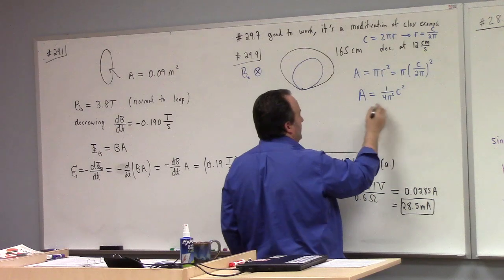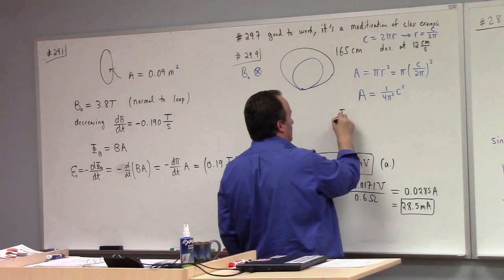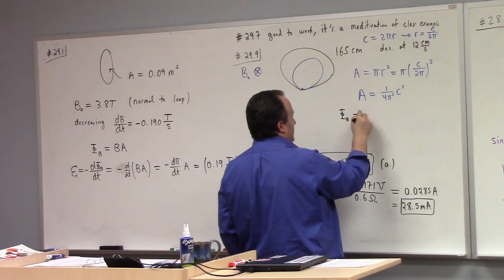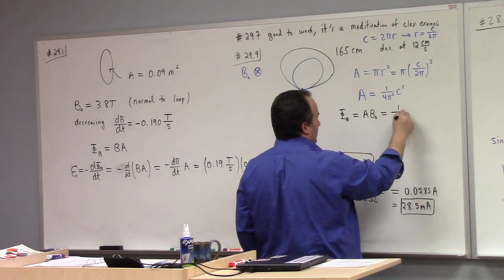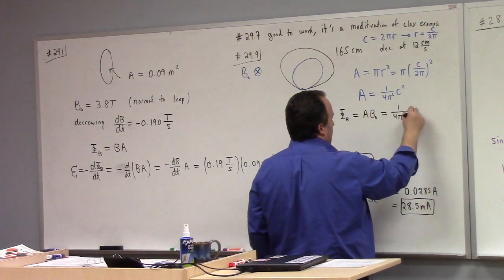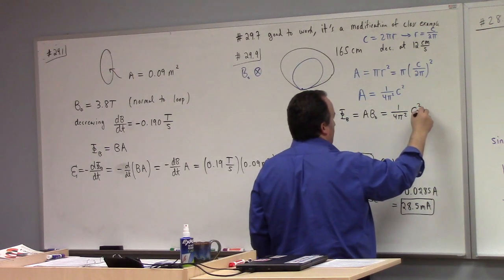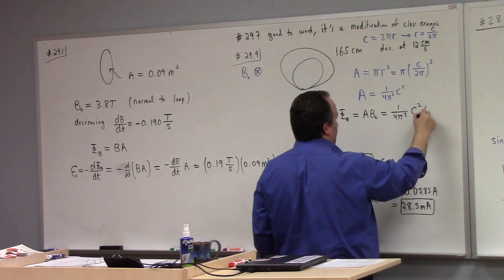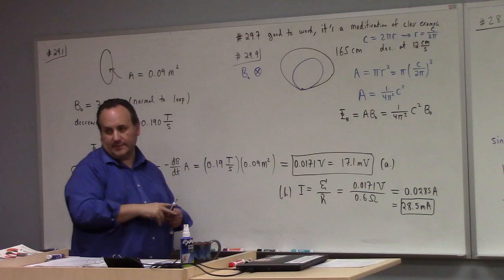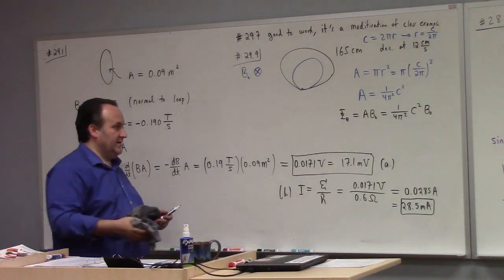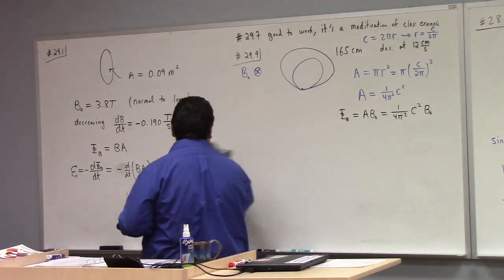And okay, so the flux then is A times B naught, which is 1 over 4 pi squared times the circumference squared times B naught. So then, what is the voltage induced?